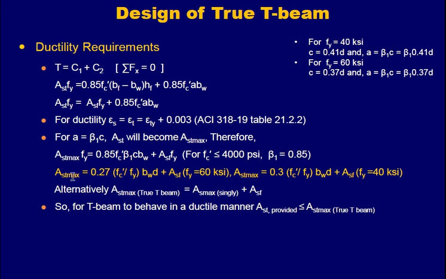Now Ast maximum is coming from this equation, and it is this value. Alternatively, Ast maximum for a true T-beam can also be calculated from As maximum of the rectangular section plus ASF. So for the T-beam to behave in a ductile manner, the total area of steel provided Ast should be less than or equal to Ast maximum for a true T-beam, which is from this equation or from this equation.